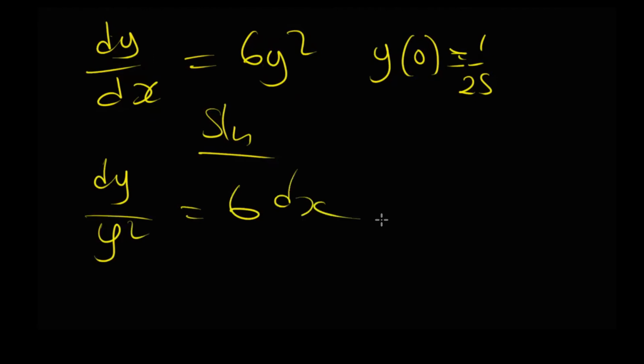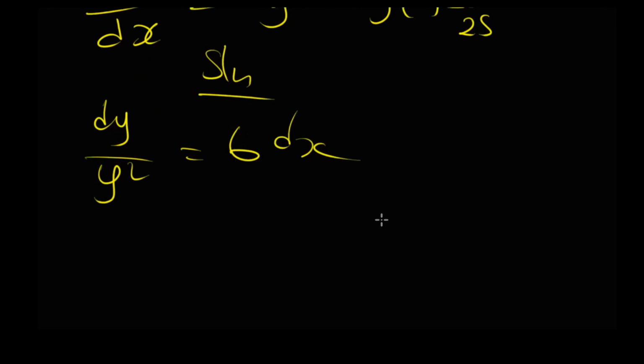Now it's separated, so now you integrate, then simplify to a certain form. This y squared, you can rewrite as y to the power of negative 2. The 6 is a constant, so it will just give you 6x plus c1.